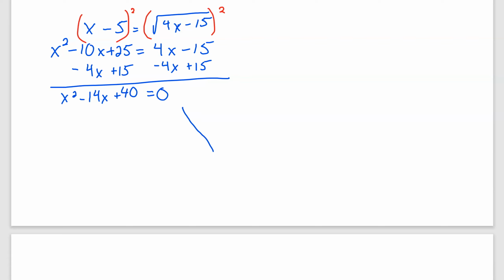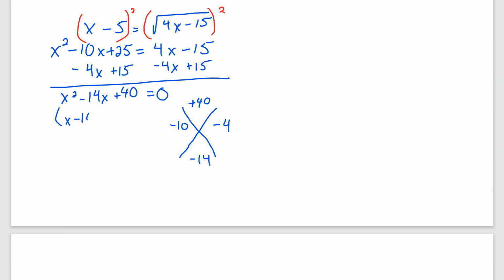If you think about the factoring, two numbers that multiply to give you a positive 40 and add to give you a negative 14, they would both have to be negative numbers, because you're adding to get a negative and you're multiplying to get that positive, so negative times negative would give you positive. And we can go with a negative 10 and a negative 4.